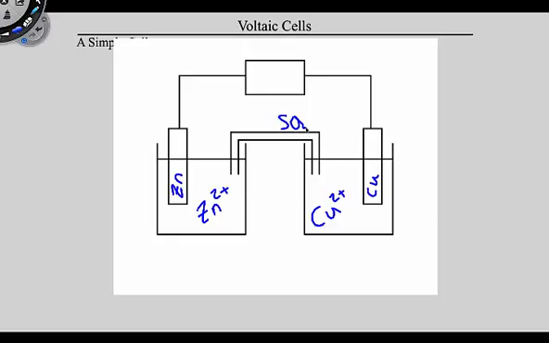Our salt bridge will be made of sulfate, and let's just say it right now, and I'm not going to balance it, it's Na2SO4 of course because of charges. But guys, why would we choose the sodium sulfate?